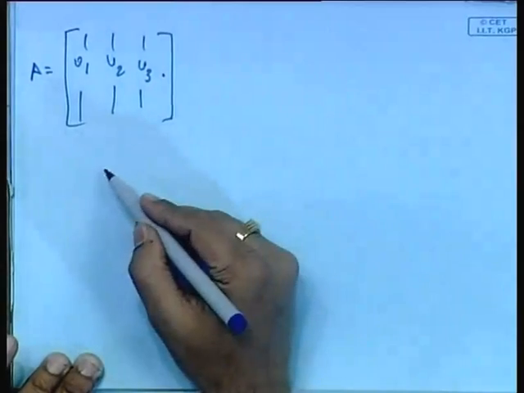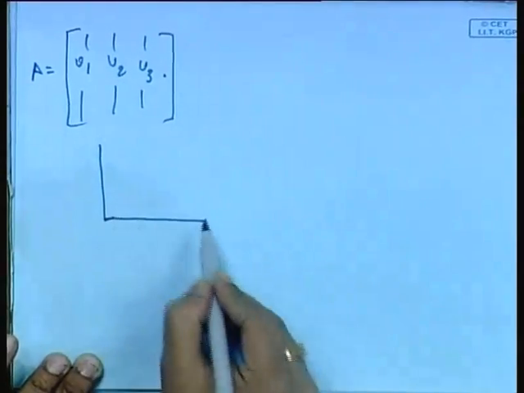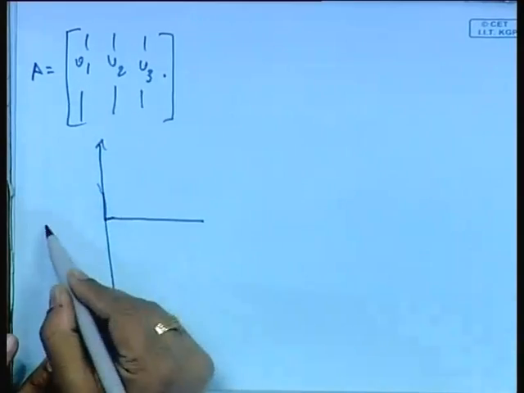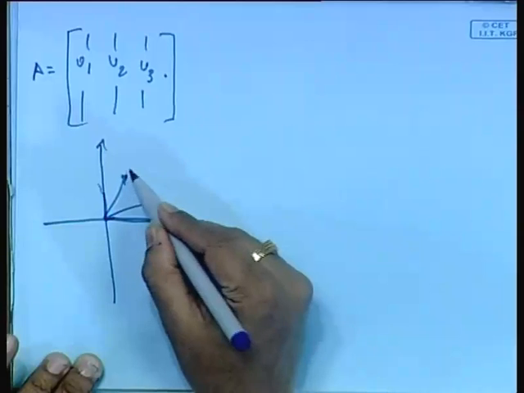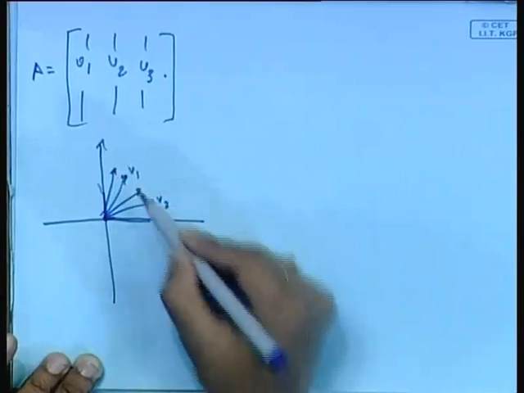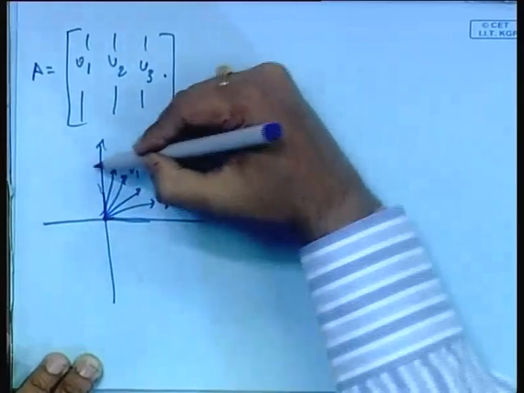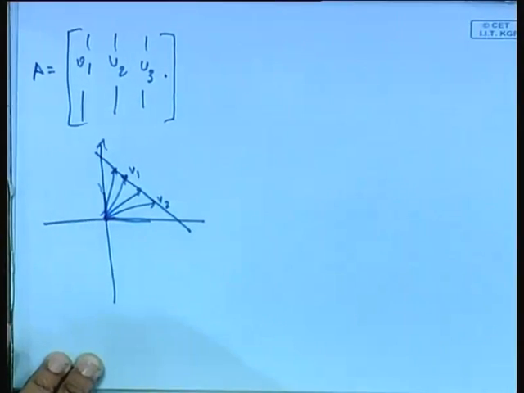I am just showing you a 2-dimensional example. So this is the 2-dimensional plane, and you have vectors like v1 and v2. v1 is here, v2 is here, v3 is here. You have several such vectors. However, all of them actually lie on this one single line.